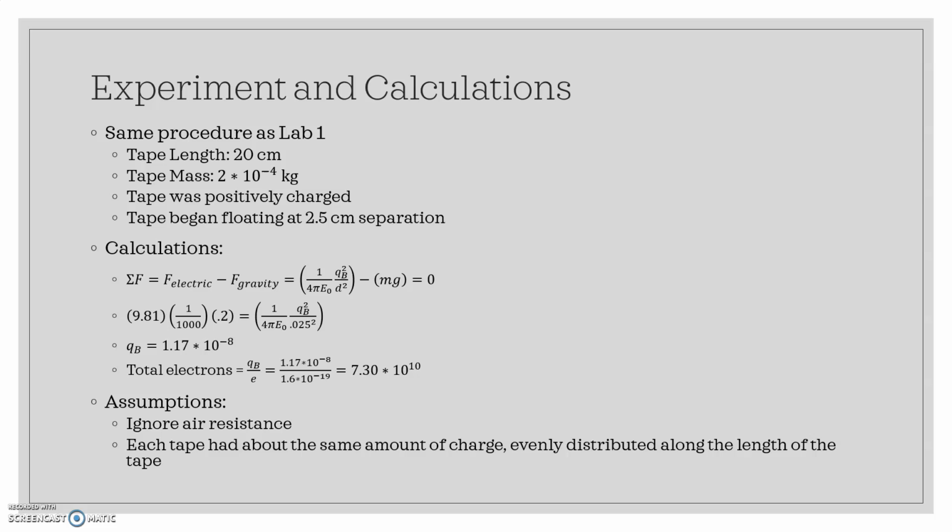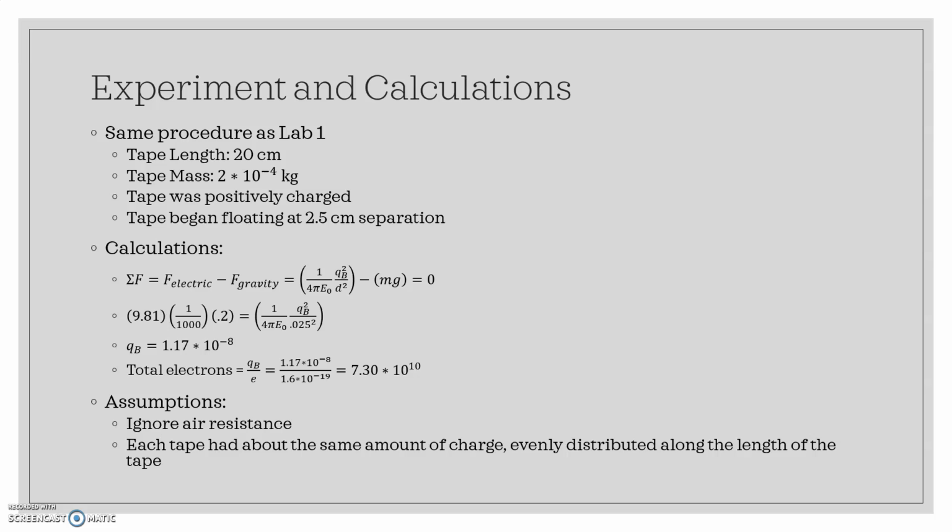We were able to use sum of forces equations to find the charge on one piece of tape, which we found to be 1.17 times 10 to the negative 8 coulombs, and the total number of electrons could then be calculated from that. We got 7.3 times 10 to the 10 electrons.